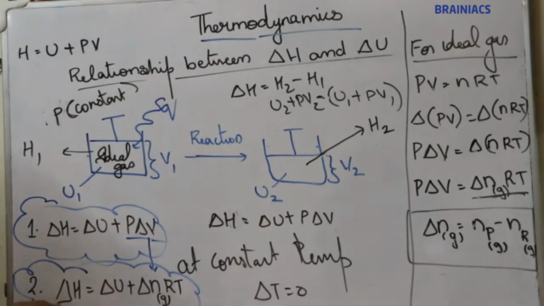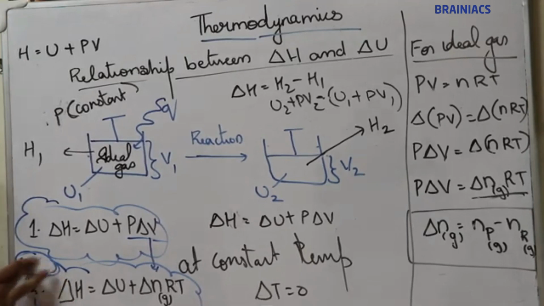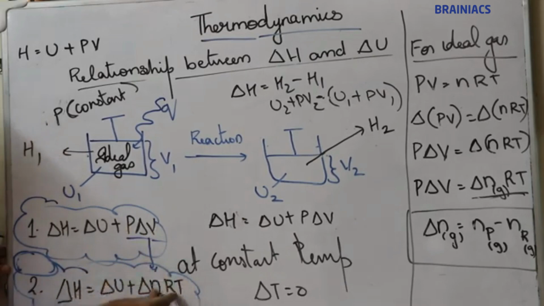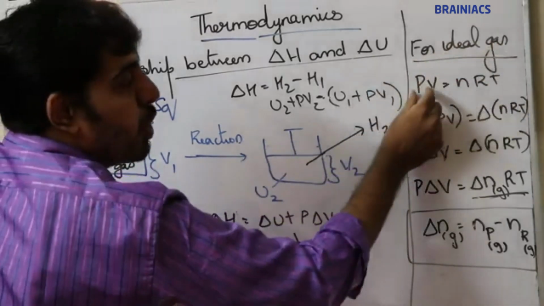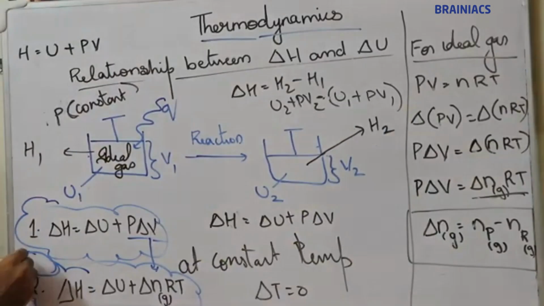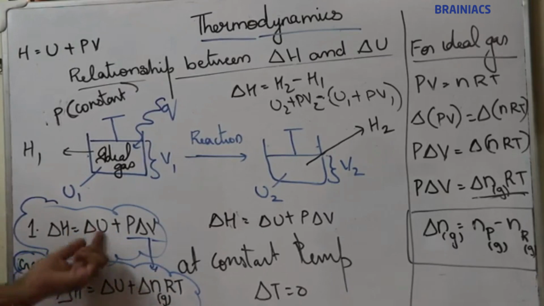And the second equation, delta H is equal to delta U plus delta ngRT, is used only for gases, because instead of PV we are writing nRT, and this is possible only in the case of an ideal gas.